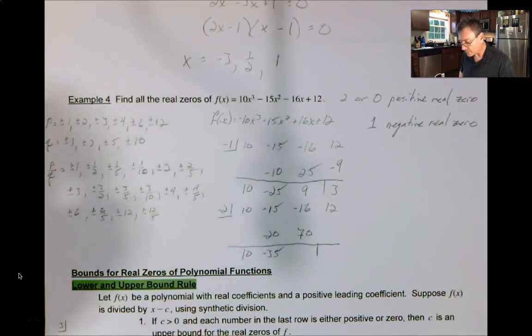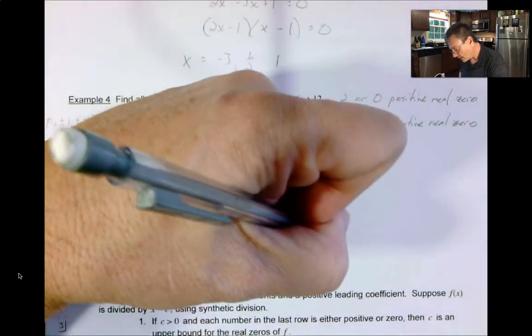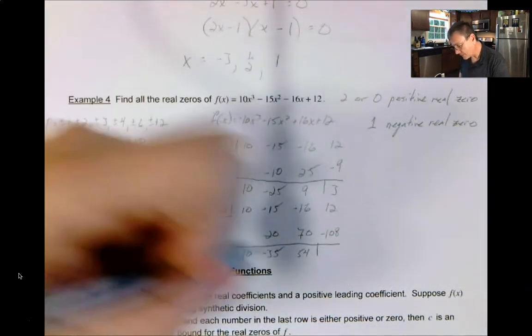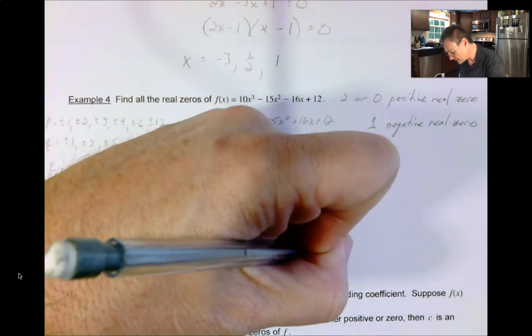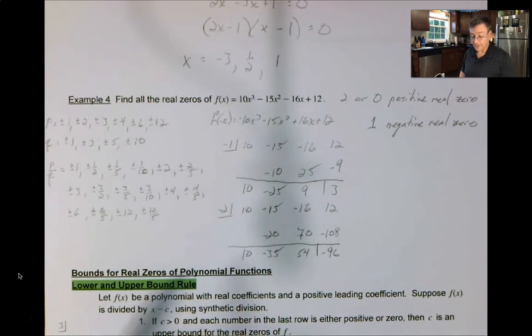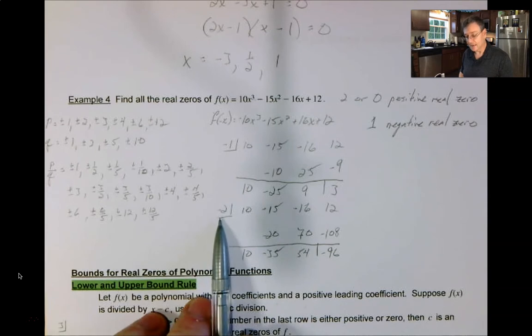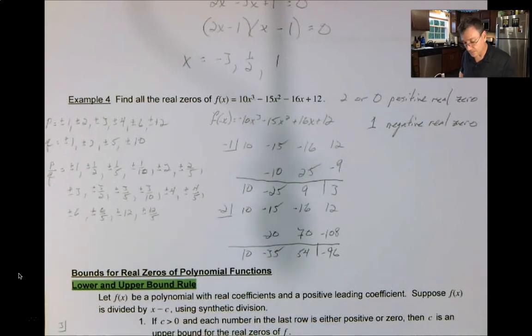Let's see, that's going to be 60, 54, negative 108, and then negative 90, 96. All right, so it's not negative 2, but what do I notice? Positive, negative, positive, negative. Negative 2 is a lower bound. There are no real negative zeros smaller than negative 2.